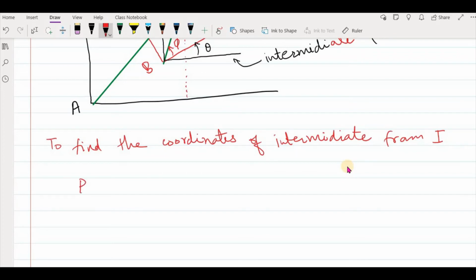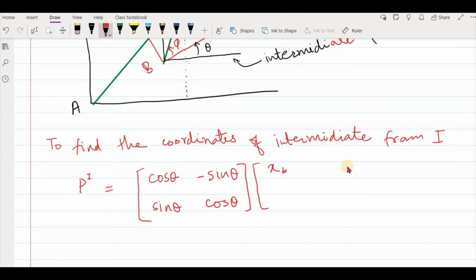We can say that position of I is equal to a rotation matrix, which is cosine theta, minus sine theta, and then sine theta and again cosine theta, and we multiply it with the coordinates of frame B.